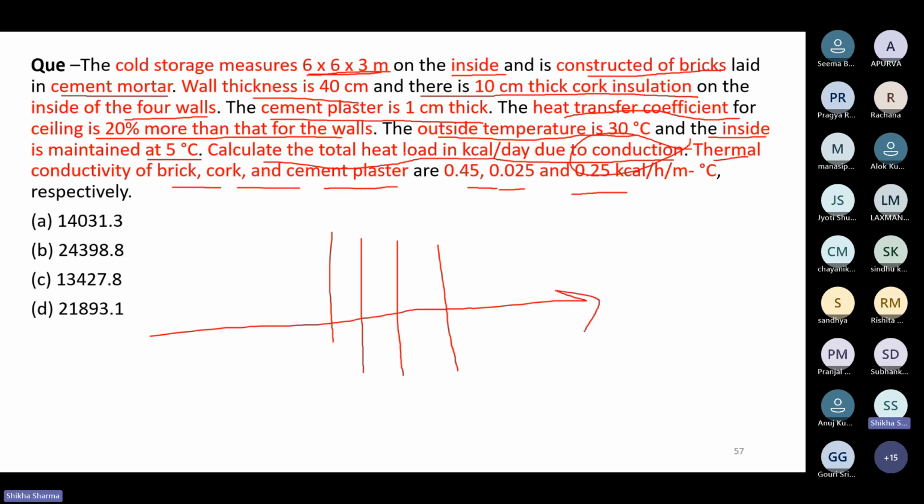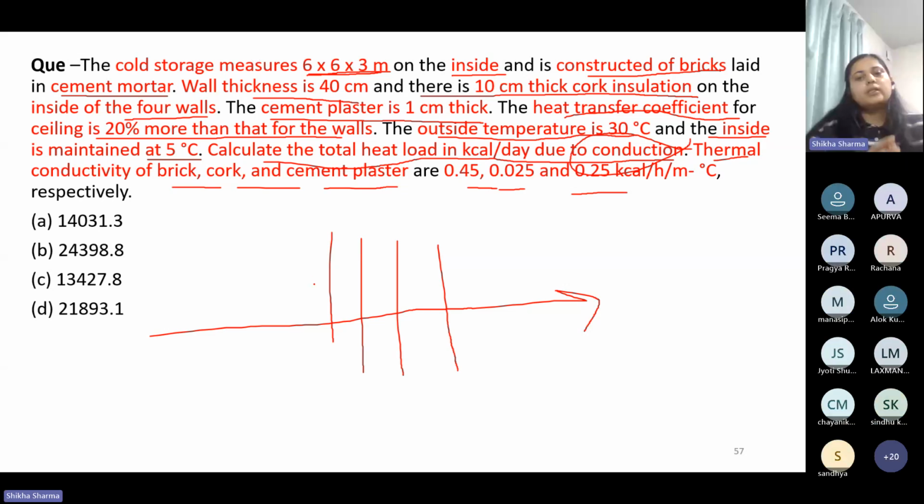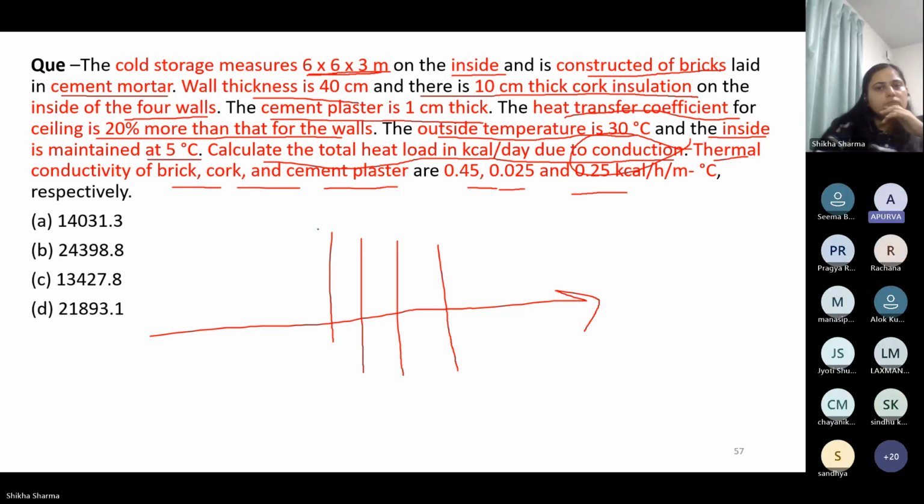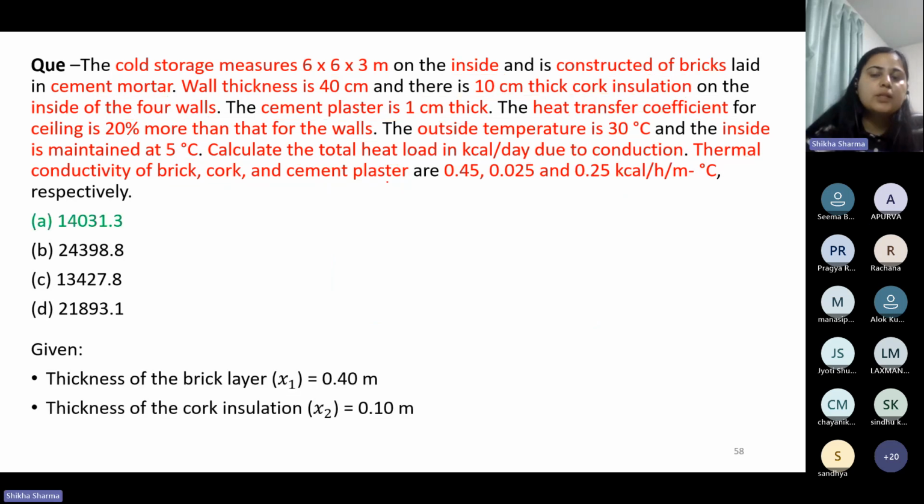So we need to apply Fourier's law here. Can anyone let me know what is Fourier's law? So let's solve this question because we don't have much time now.